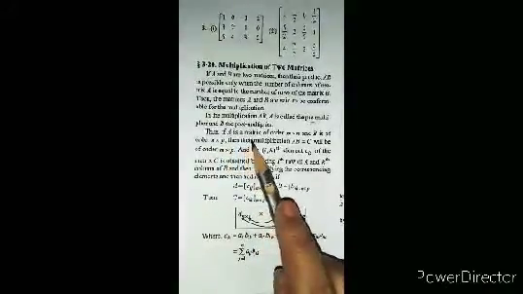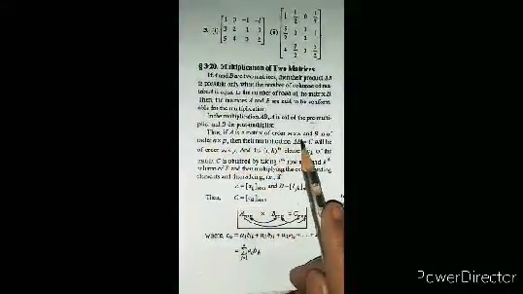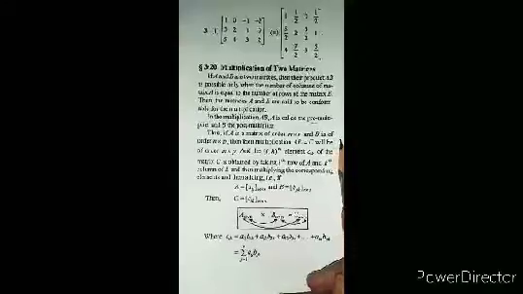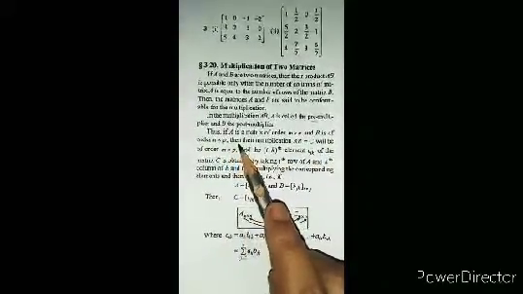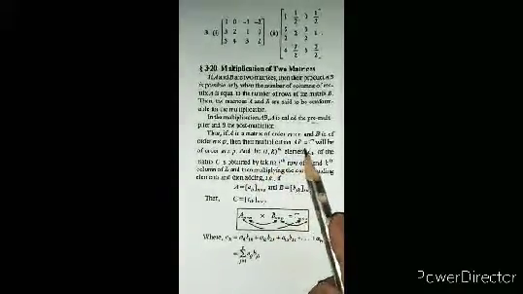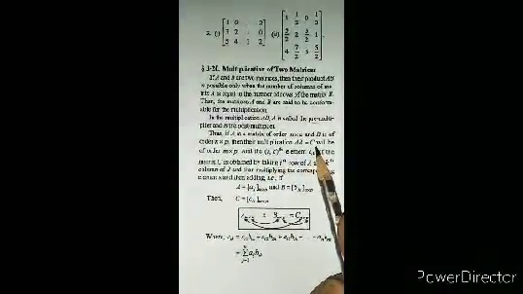Thus, if A is a matrix of order m by n and B is a matrix of order n by p, then their multiplication AB is equal to C. We consider C here.